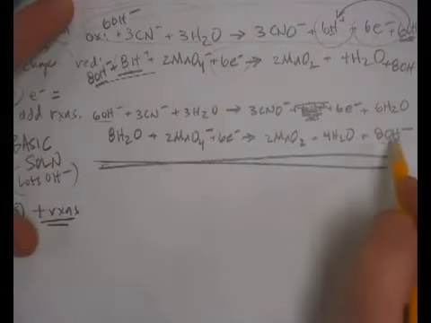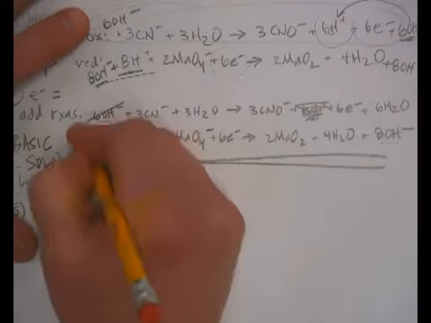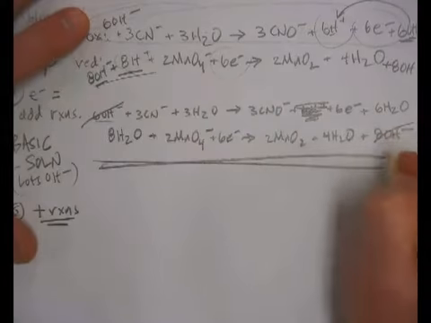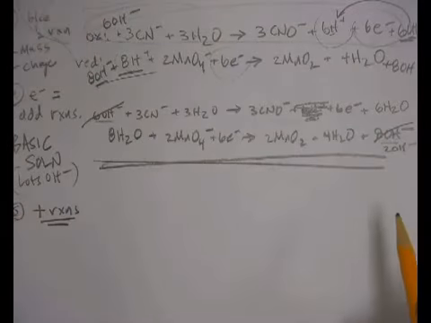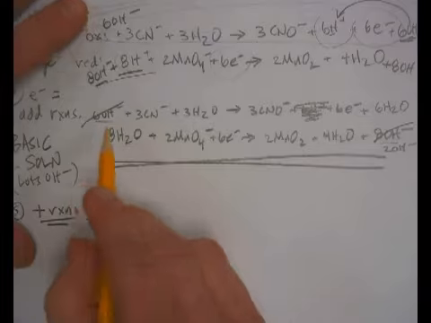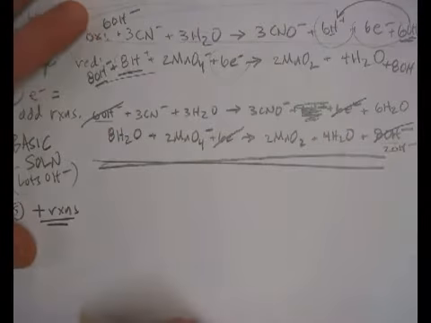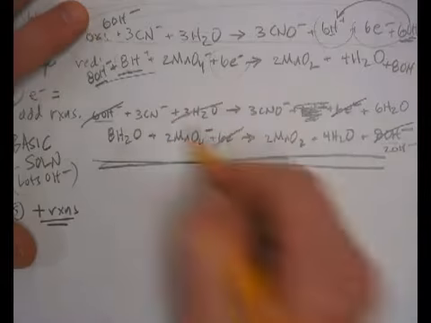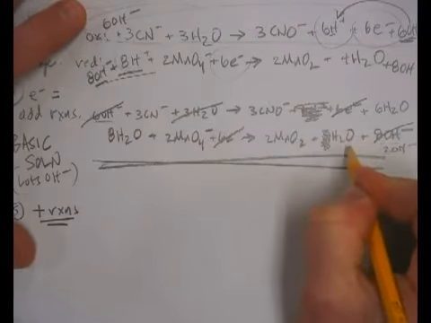All right, I'm going to do some canceling before I add them, just to make it a little easier for the whole writing. 6 OH minuses, so I'll end up with 2 OH minuses here. My recommendation when you do these is to make sure to write really neat and large and to leave lots of space. 6 electrons here, 6 electrons here go away. Got 3 waters that can go here, which leaves me with just 1 water over here on this side.